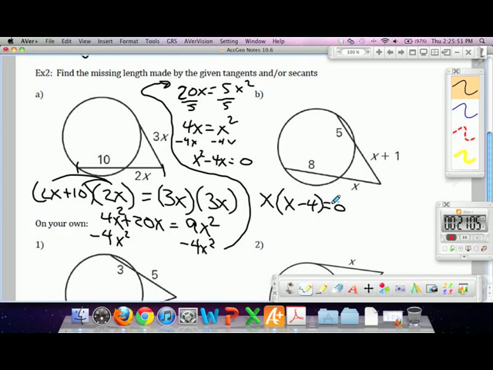We may at the end just throw them away anyways, but we don't want to lose them, is the key. If you start dividing out the variables, there's a good chance we're just not going to even see the solution. X is 0 and then not being 0. Okay.